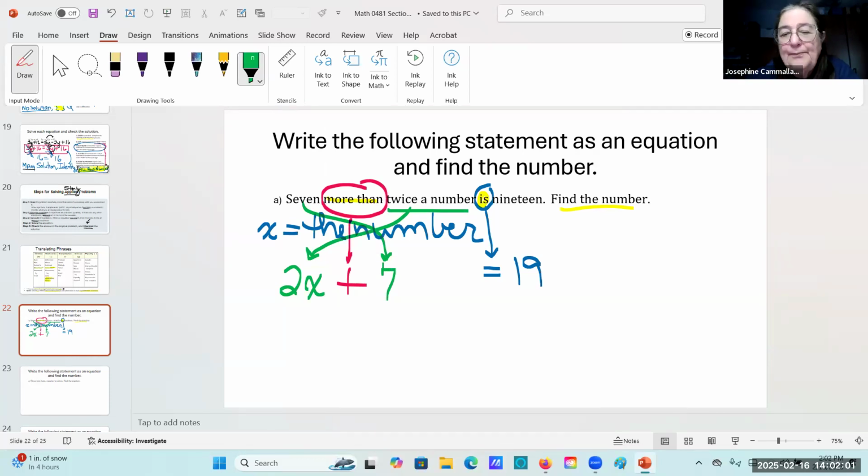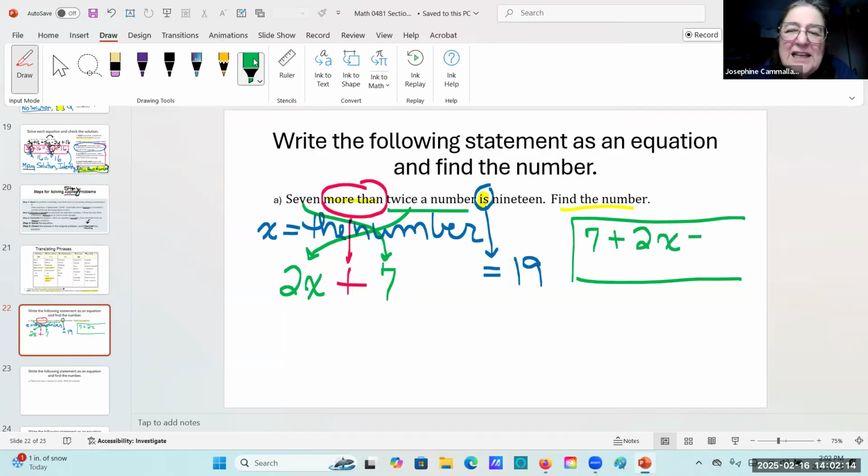"More than" goes backwards. Now, I'm going to let you know, in ALEKS, in chapter 3, you could have written 7 plus 2x is equal to 19, and ALEKS in chapter 3 will give you that correct. But you don't want to use it. The reason is, as we go further, you want to start learning how to write it correctly.